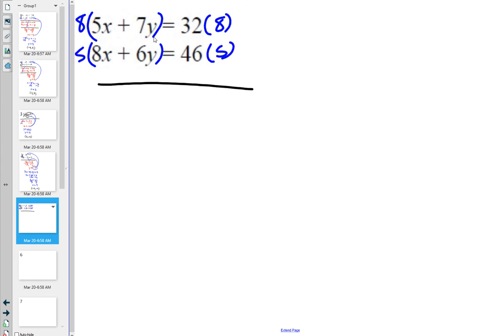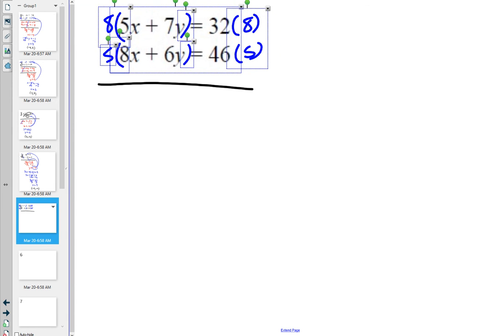No, not everything. No, the signs. I'm trying to get rid of the x's, but they're going to both be positive. So you pick one and make them negative. Jason, which one did you say to make negative? Okay, so Jason said the top one, I'm going to make the bottom one negative, just to show him. So I'm going to make the 5 negative.